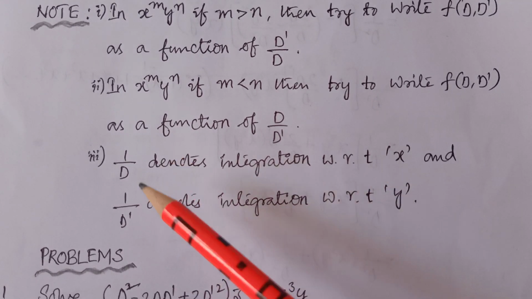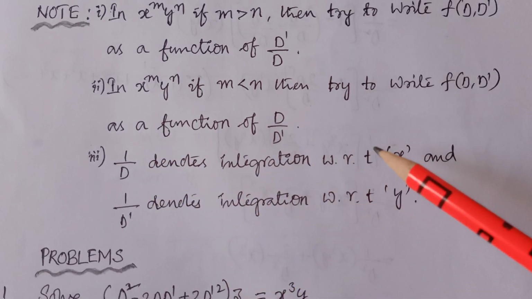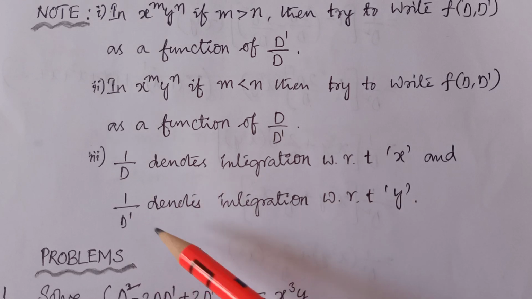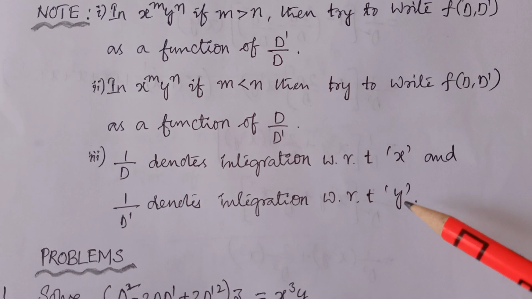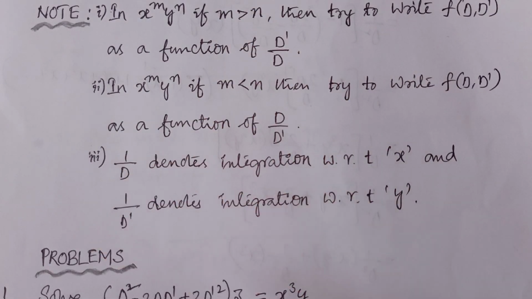And 1 by D denotes the integration with respect to x, and 1 by D dash denotes the integration with respect to y. These are the three important points you have to remember.